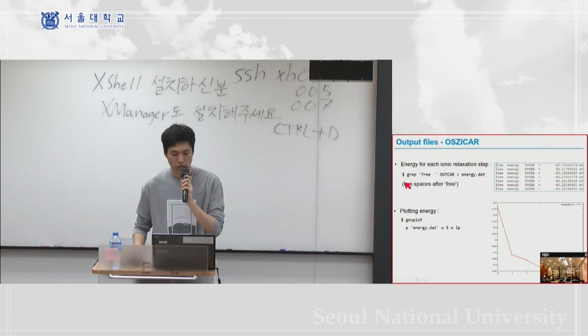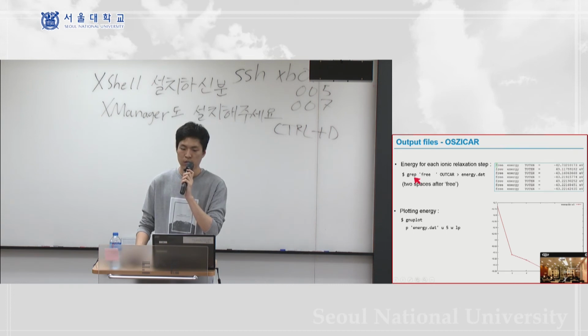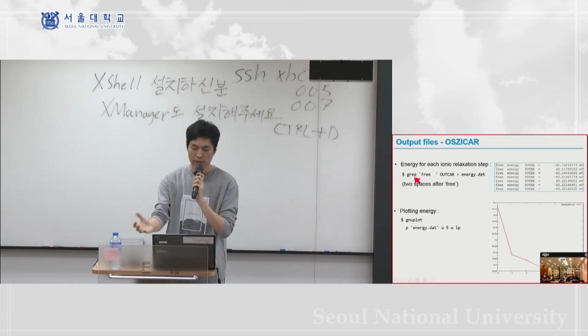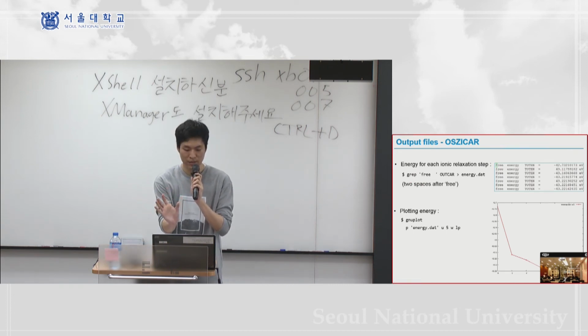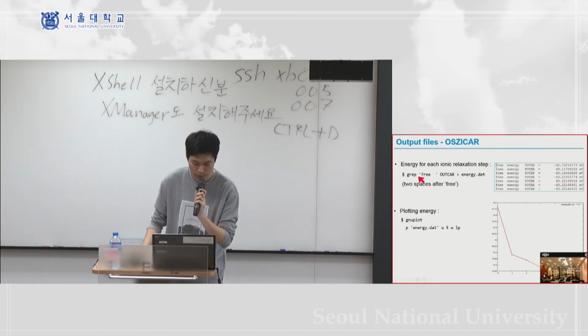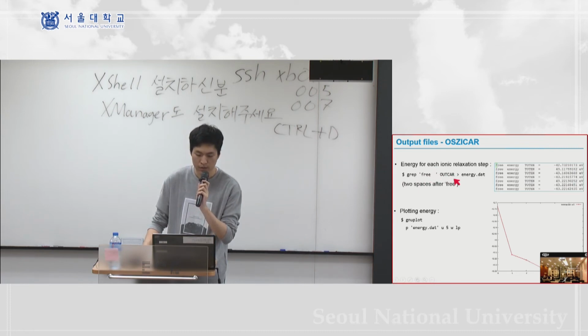So if we use this grep command, the grep command is a command that finds some text inside a file. So if we write this command, free and 2 spaces after free, OUTCAR, then it finds this text in the OUTCAR file and prints that line.